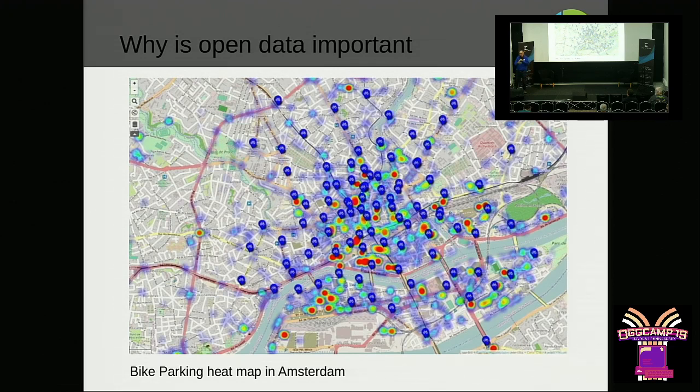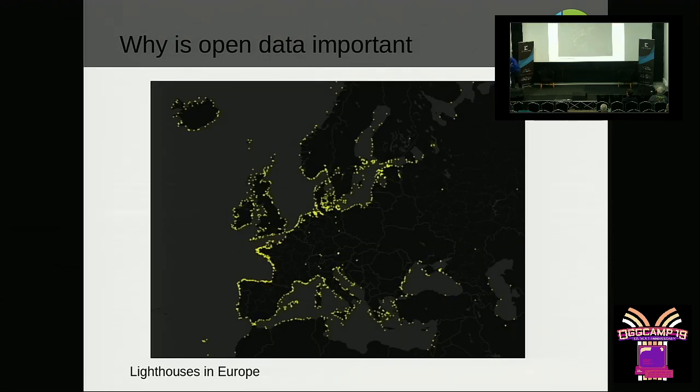But this is just one example. There are lots of them. This one I think is quite beautiful. This is a map of all the lighthouses around Europe. Why are there lighthouses right in the middle there? That must be on some lakes and things like that. But yeah.